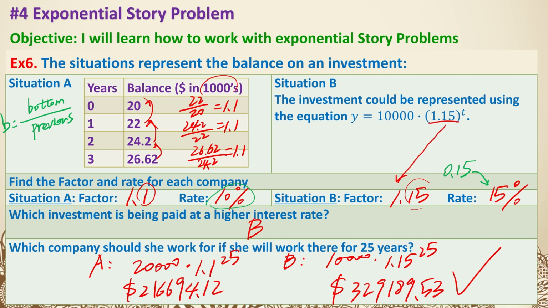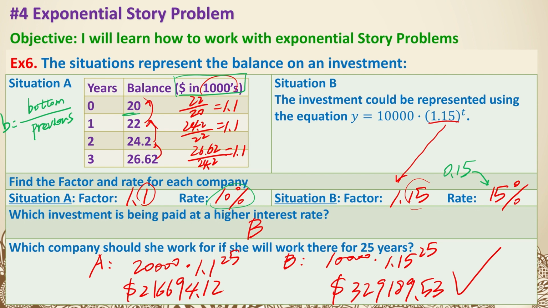Investment B has a higher interest rate, but investment A will begin with 20,000. And so that's where you need to understand the dollar in thousands, which means that number is actually 20,000, not just 20. So the first one in 25 years is 20,000 times 1.1 to the 25th power, which is $216,694.12.